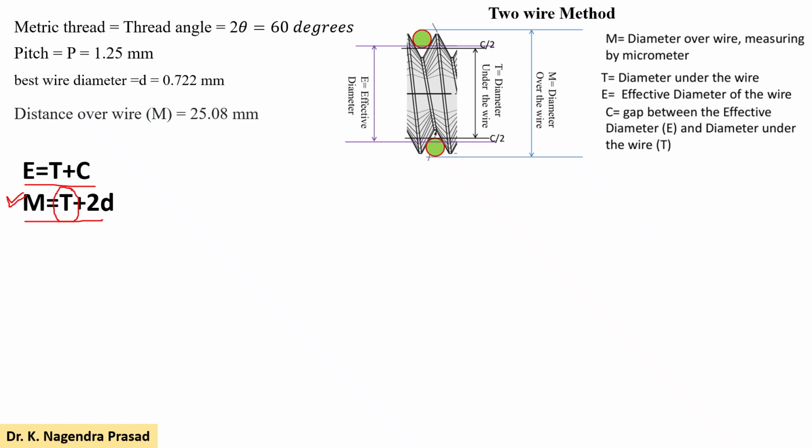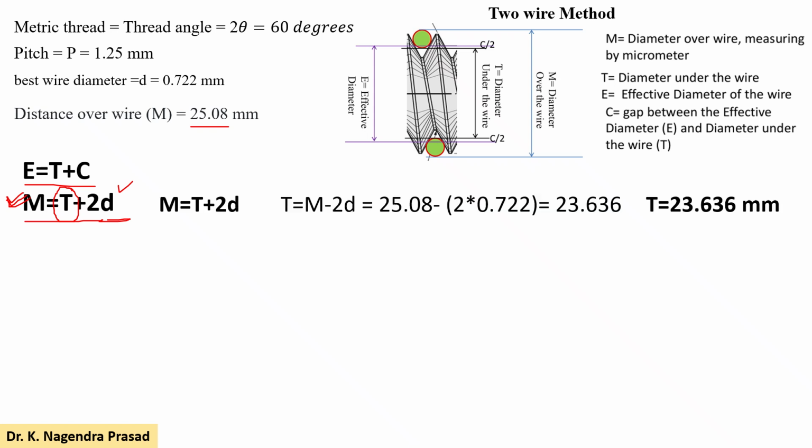Here capital M is the distance over the wire, which is 25.08, and small d is the best wire diameter, that is 0.722. Substituting, M equals T plus 2d can be written as capital T equals M minus 2d, which is 25.08 minus 2 into 0.722, which is equal to 23.636. So capital T value is 23.636 mm.